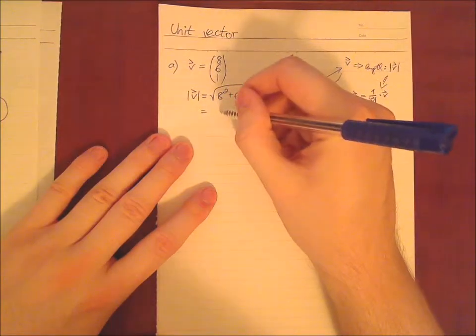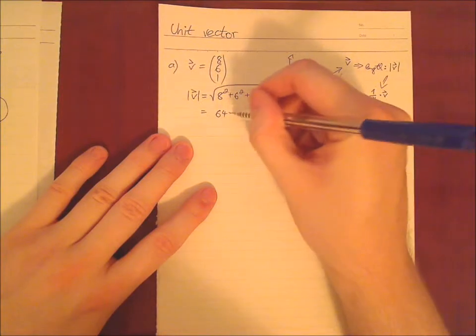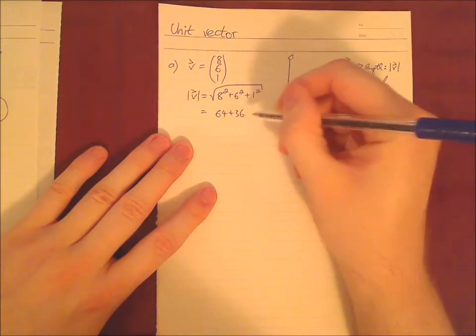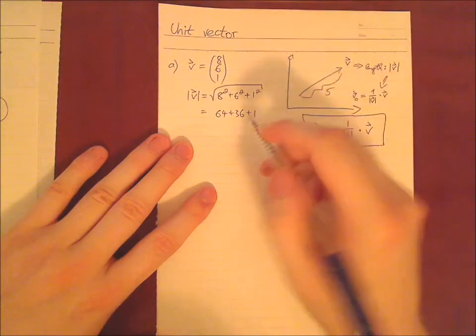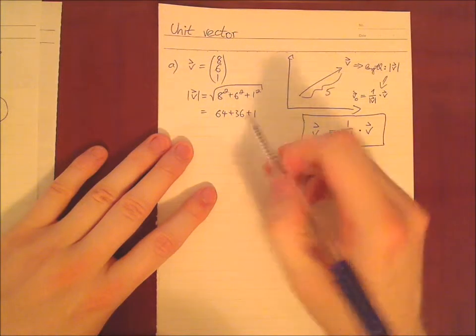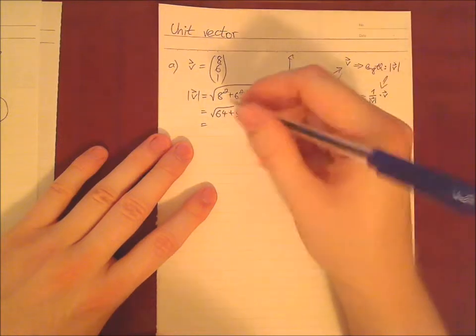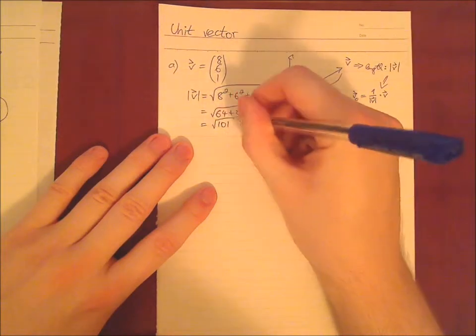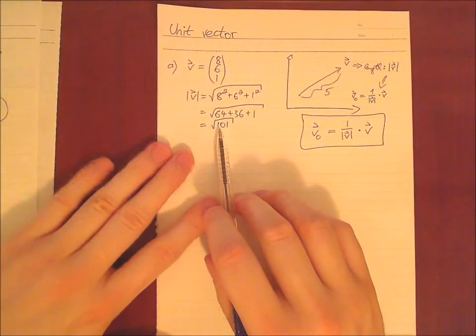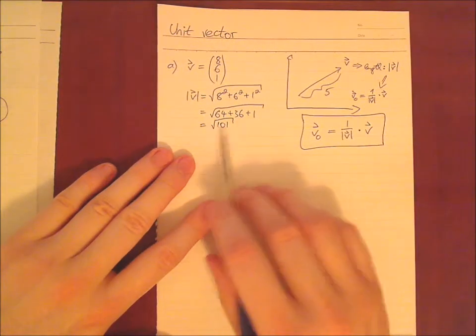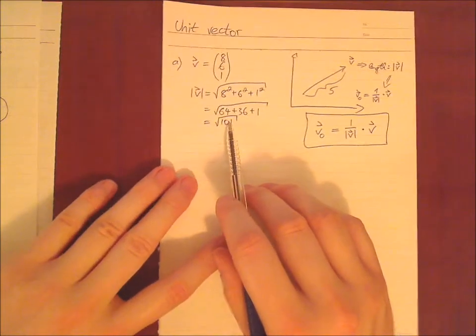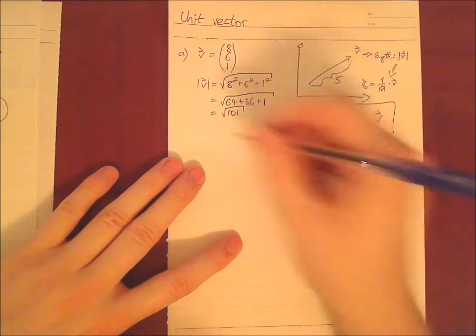Okay, we try. 64 plus 36 plus 1 is 90, is 100, 101. Yes. Great. Without calculator. 101. So this is the amount. We just leave it as a square root, and then we can just insert it in the formula.